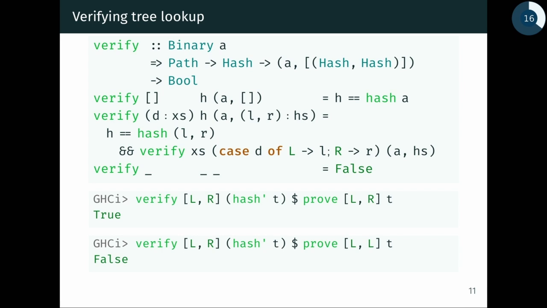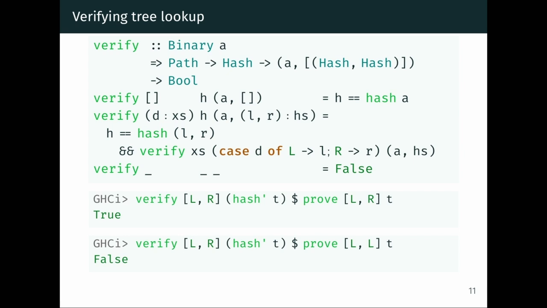Okay, and in the recursive case, it looks at the first part of the proof, the L and the R, and it must check that its hash is indeed the hash of the pair of L and R, and then recurse in the rest of the proof.